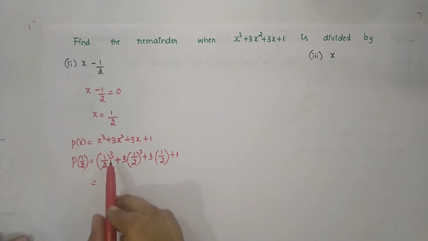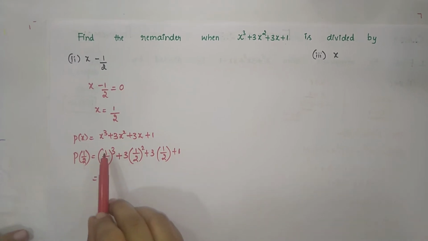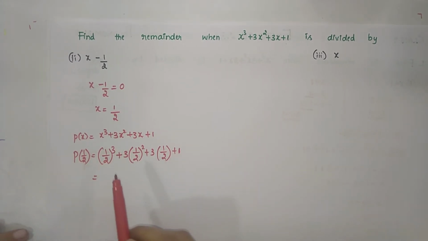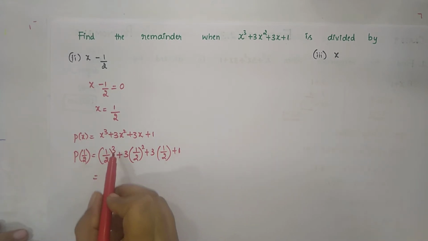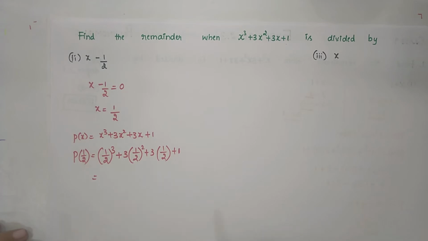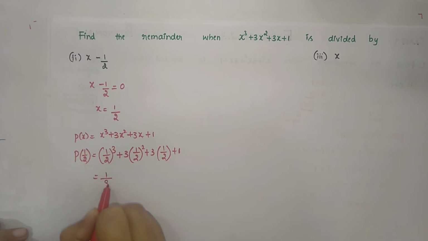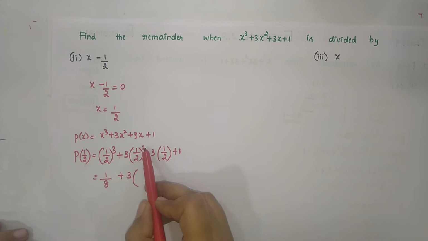So 1 by 2 whole cube is nothing but both the numbers in numerator and denominator are multiplied 3 times. So 1 cube is 1 and 2 cube means 2 is multiplied 3 times, that is 2 into 2 into 2. 2 into 2 is 4, 4 into 2 is 8. So 1 by 2 whole cube is 1 by 8, plus 3 into 1 by 2 whole square.